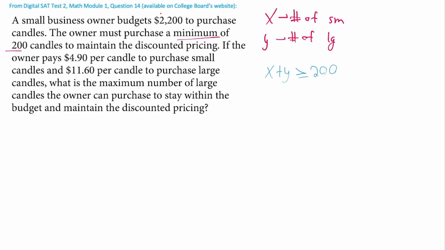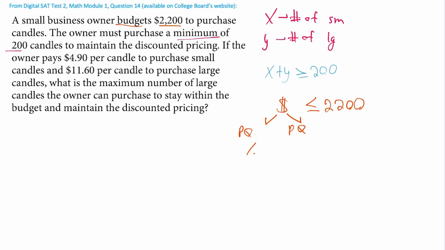Now the money is a budget of 2,200. So in other words, the amount of money that's being spent has to be less than or equal to 2,200. It has to be under the budget. And money in general on word problems will be composed of price times quantity statements.